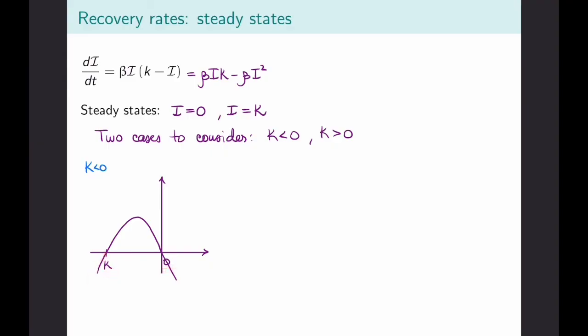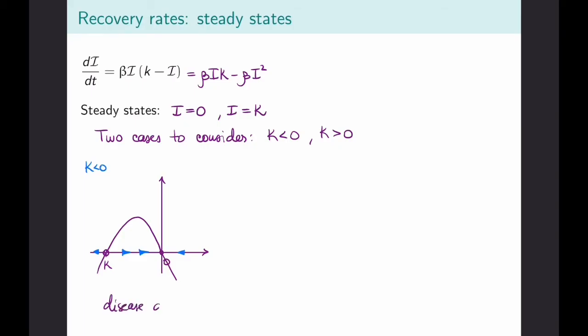So here the graph is below the x-axis, which means I'm going to point the arrow to the left. In the middle, it's above the x-axis, so the arrows go to the right, and then we go to the left again. This means that k is an unstable steady state, and 0 is a stable steady state. This is the sort of good scenario. I have that if I begin with the number of infected individuals greater than 0, the arrows will point toward 0. So the disease will in fact die out.